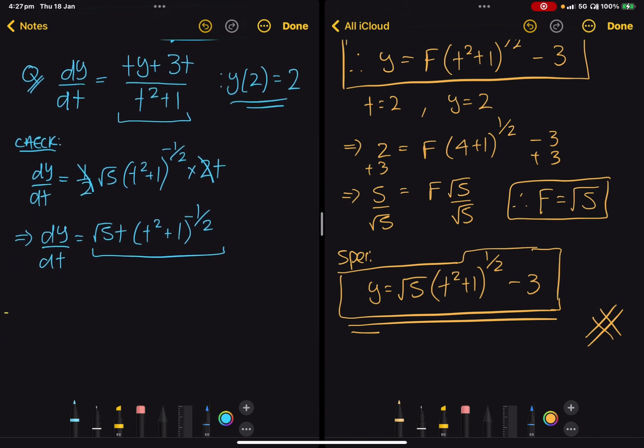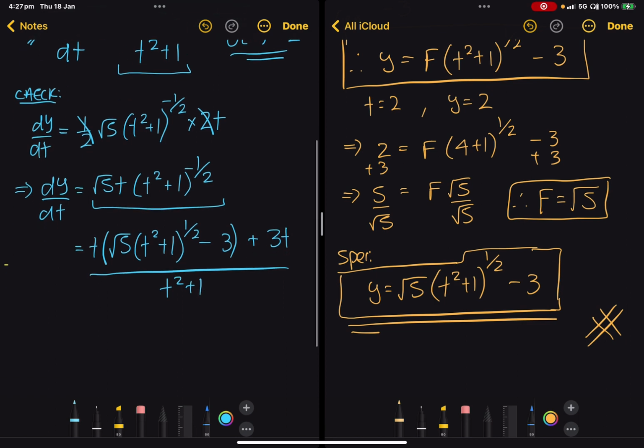So we know what y is, so this is going to be t times y, which is root 5 times (t squared plus 1) to the 1/2 minus 3, plus 3t, divided by t squared plus 1. Now if we simplify everything in the numerator, we can expand the brackets and group like terms.